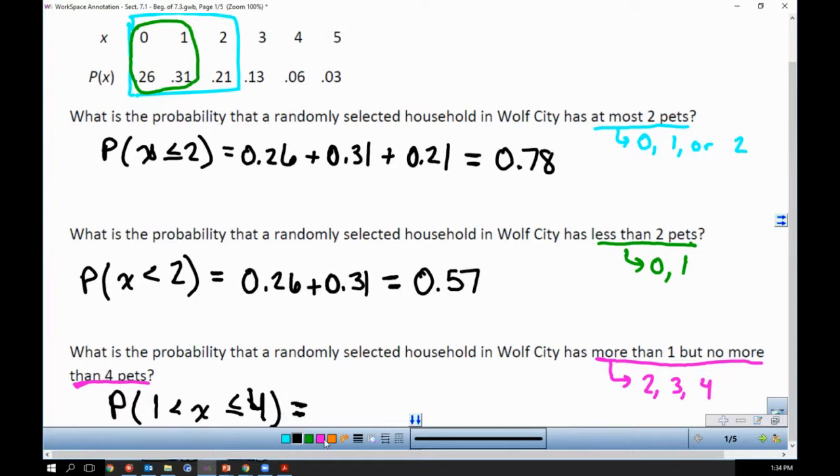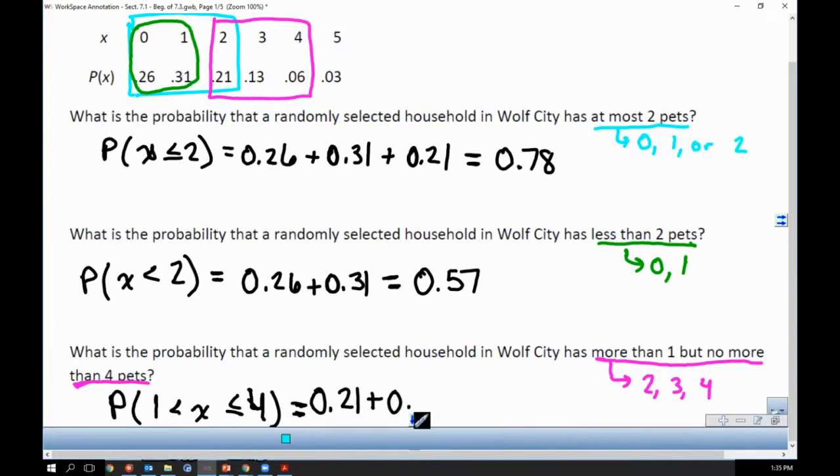So what values would I add up in this case? That's right. 0.21 plus 0.13 plus 0.06, which altogether gets you 0.4.